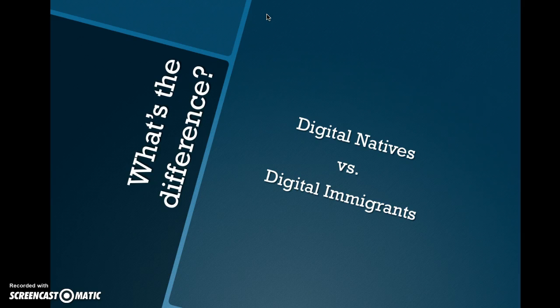So I ask, what is the difference if I say digital natives versus digital immigrants? What are the first words that come to mind? Most of the students that we work with nowadays are going to be digital natives. They don't realize what it was like before everybody had a computer in their home.